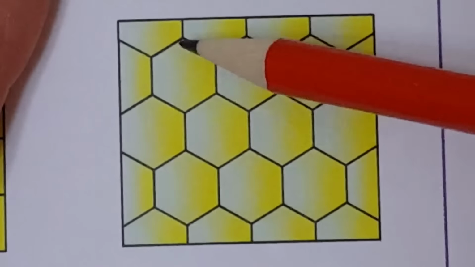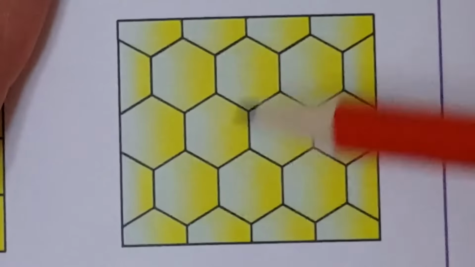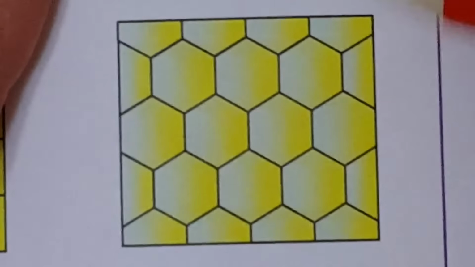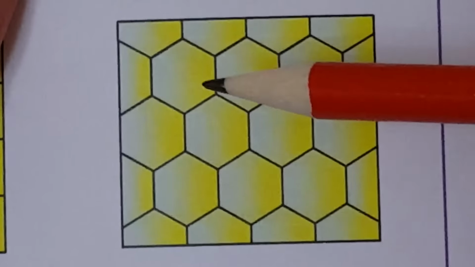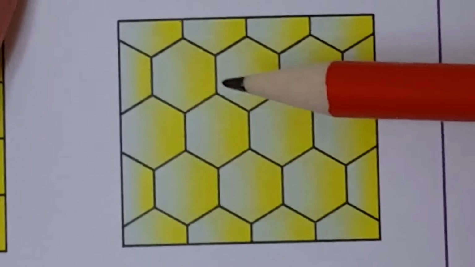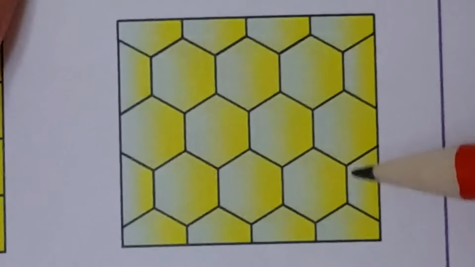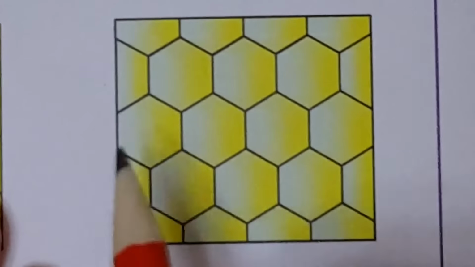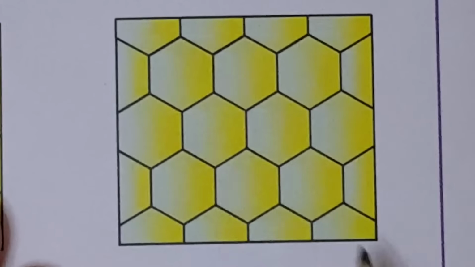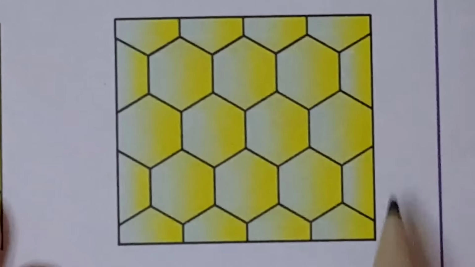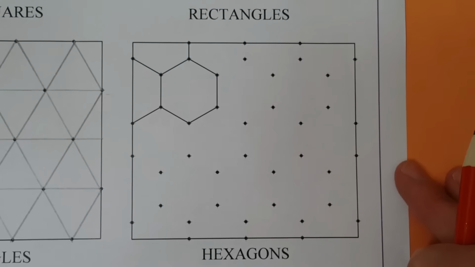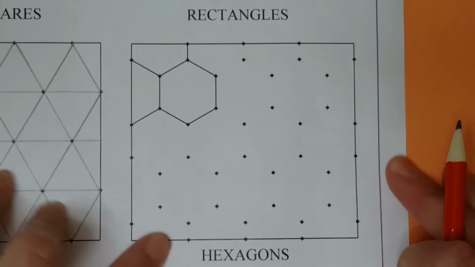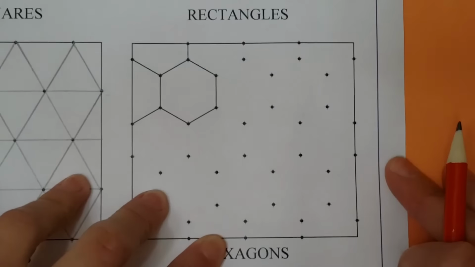Even vertically, we have lines which go vertically downwards. And we also have lines going in this direction from left to right downwards. Okay, now let's start with our tessellation.